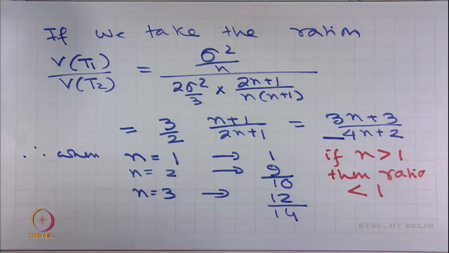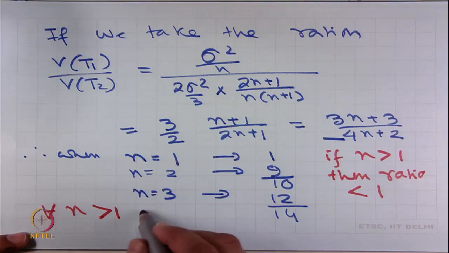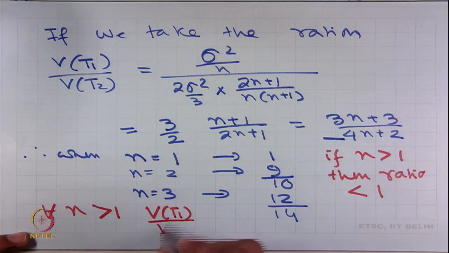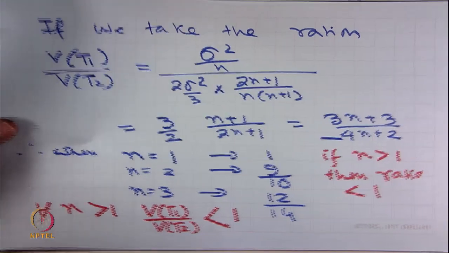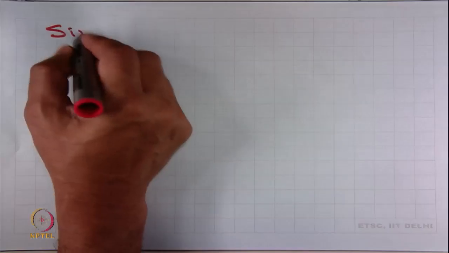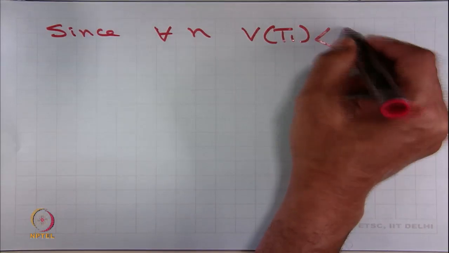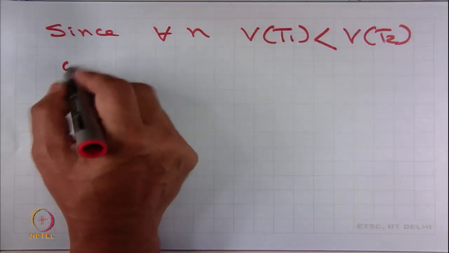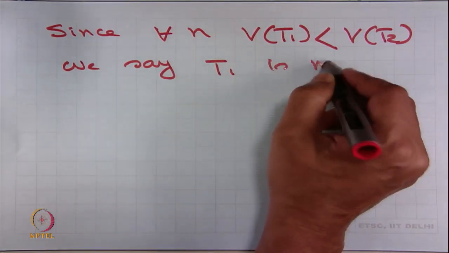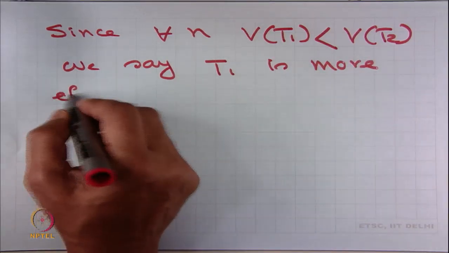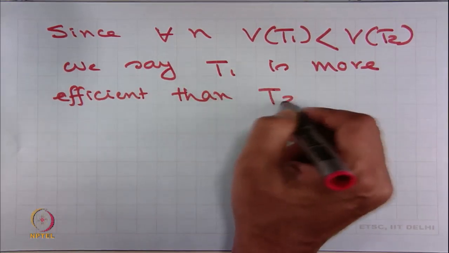Therefore, for all n greater than 1, variance of T1 upon variance of T2 is less than 1, or in other words, since for all n variance of T1 is less than variance of T2, we say T1 is more efficient than T2.